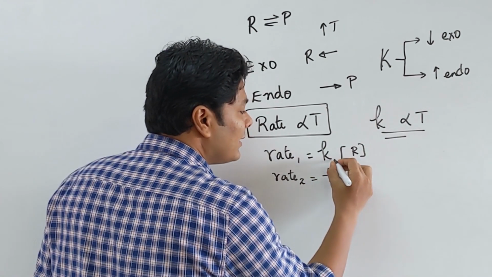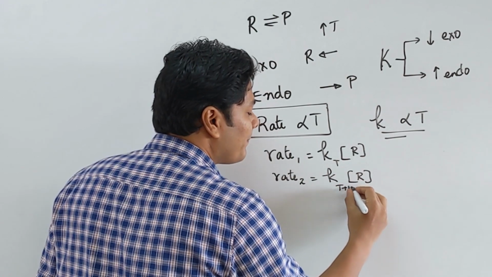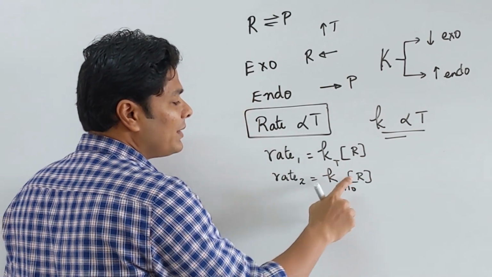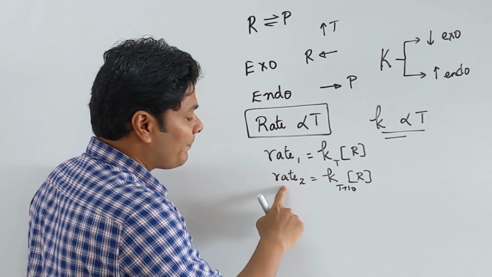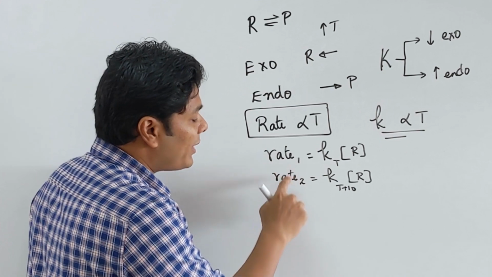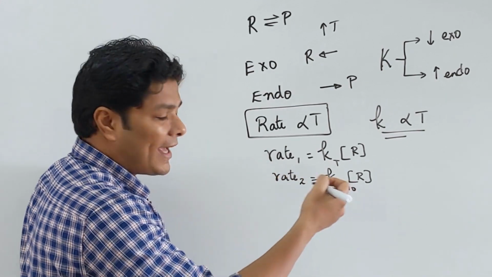This is T and this is T plus 10. By increasing the temperature, I have changed the rate constant, so my rate also changes. Now if I monitor these two rates, I can figure out what happens.